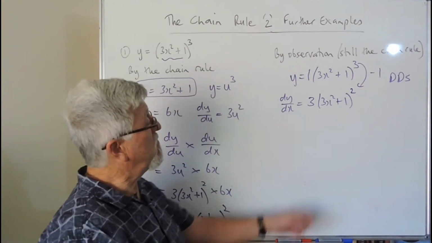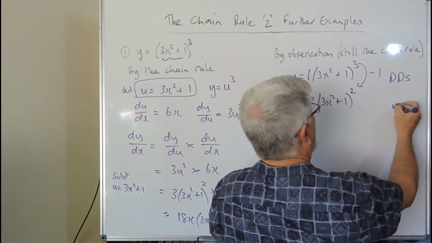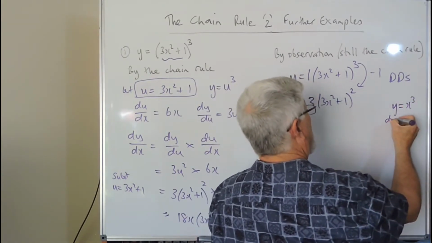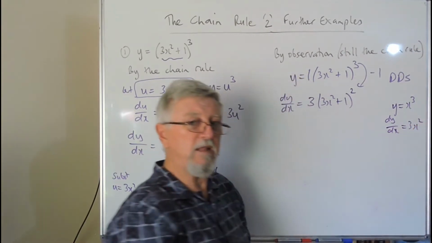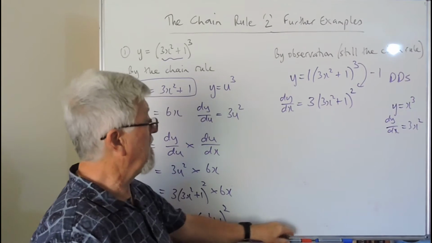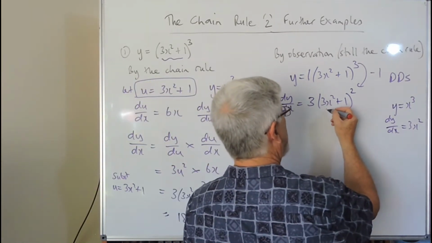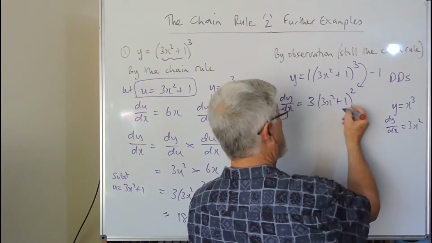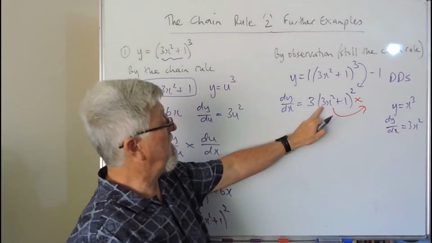And then it's more complicated. It's more complicated than, for example, if we just have y equals x cubed, dy dx would be 3x squared. So we've just done exactly like you did with an x cubed. But it's more complicated. How much more complicated is it? This inside, actually it's the whole of the inside, I multiply by the derivative of the inside.